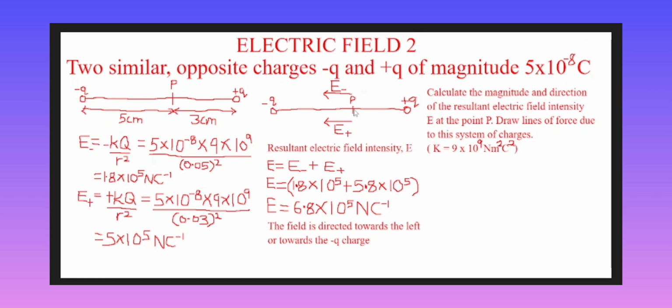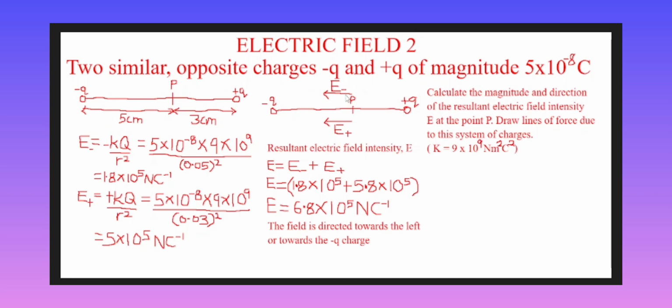If I place a positive test charge at P, as a result of the positive charge, it will repel it. So the direction in which the test charge will move as a result of the positive charge here is in this direction. The positive charge will repel the positive test charge I place at P, whereas the negative charge will attract the positive test charge I place at P.